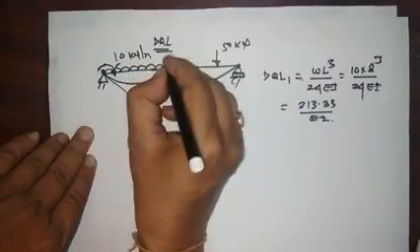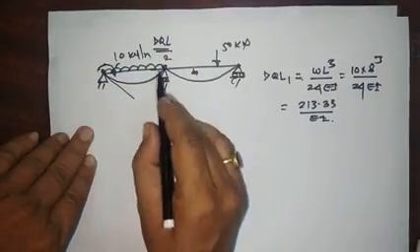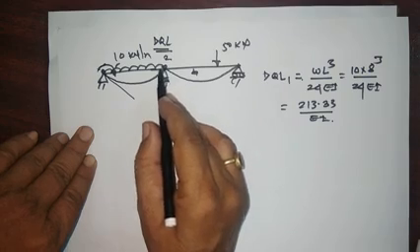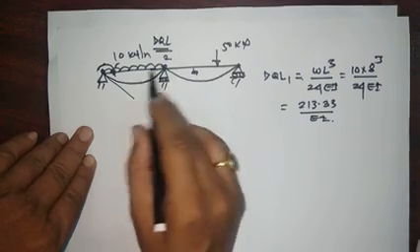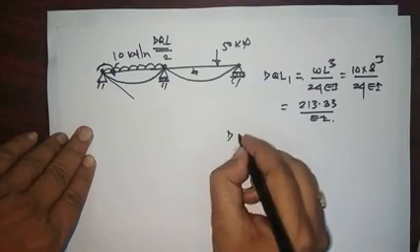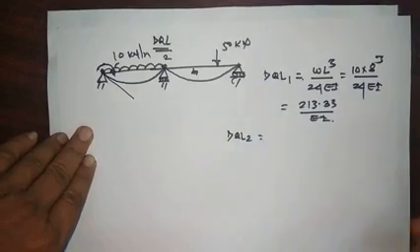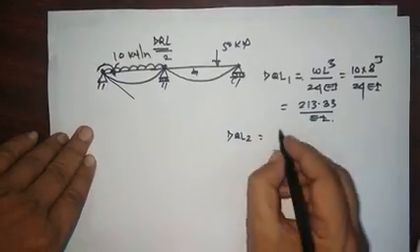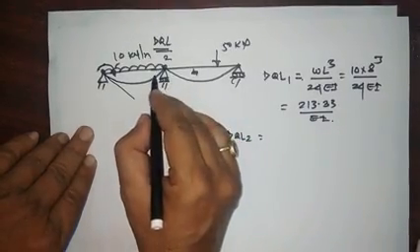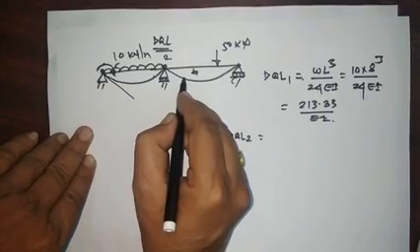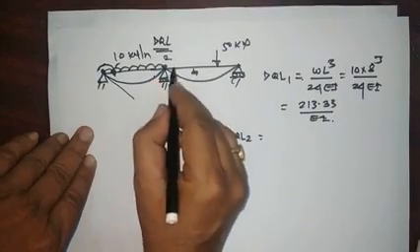Now at coordinate 2. Now this is 1, this is 2. So now we have to calculate the displacement caused at 2 due to the external loading, that is dQL2. So this is the rotation in the AB span also and the BC span also due to the external loading.